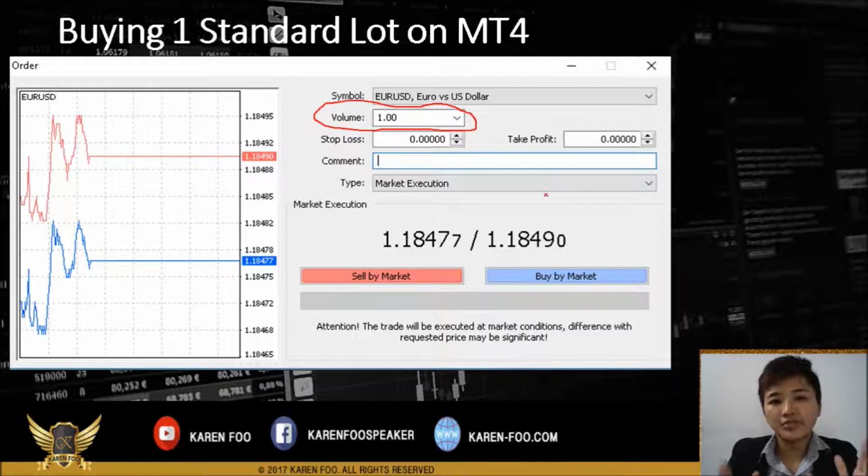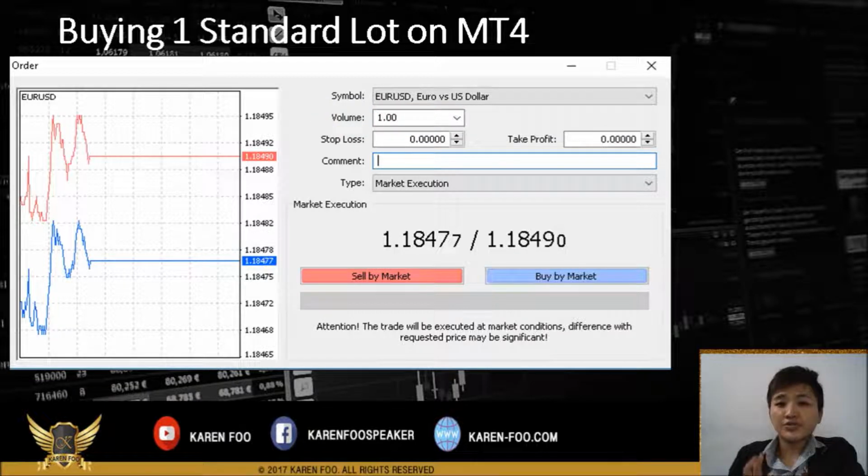In this case, you have to buy one standard lot, then you put your volume as 1.00. So if you want to buy 50,000 units instead, then instead of keying in 1.00, you key in 0.5. By 0.5 volume, you're buying 50,000 units.